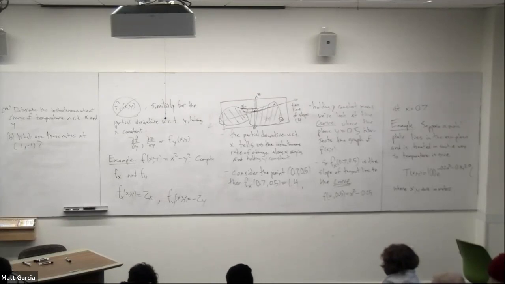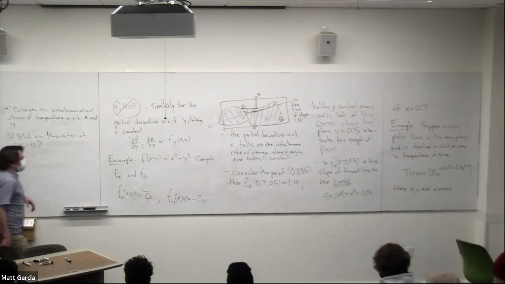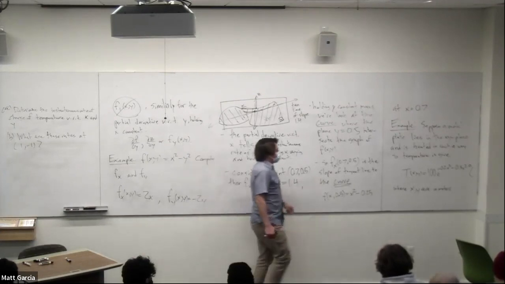I made this comment in passing. The usual rules of differentiation apply to partial differentiation. The only thing you're doing different is holding all the variables except the one that you're differentiating with respect to constant. So we take this function p of x, y.